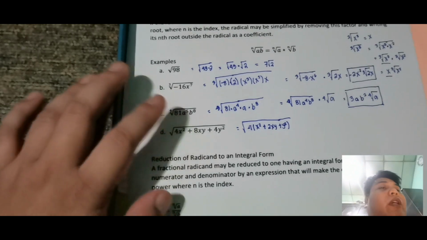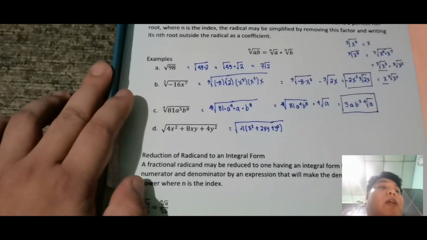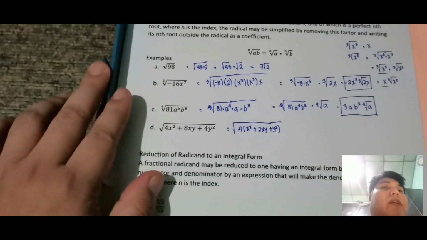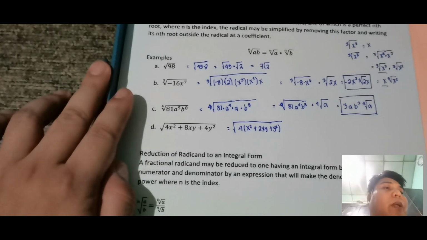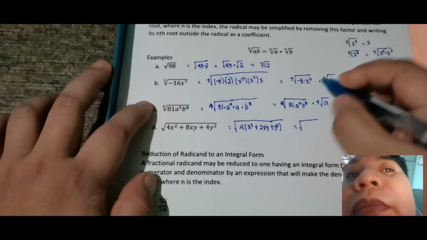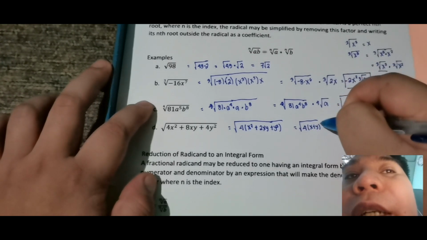And now, notice the x squared plus 2xy plus y squared. Sir, it is a perfect square trinomial by inspection. So if you're familiar with factoring, it's obvious to you: oh yes, a perfect square trinomial. So this is equivalent to the square root of 4 times x plus y raised to 2.